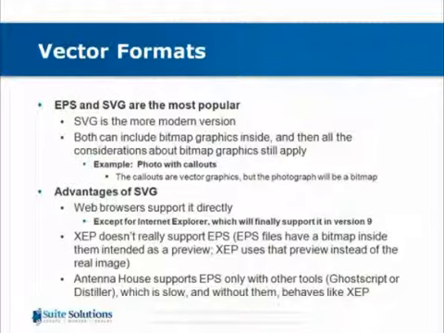But the way they do it is that EPS files have almost a thumbnail. They have a tiny bitmap image inside them intended just as a preview of the real image. Not all EPS files have it, but most of them do. In those cases, both XCP and Antenna House will use that thumbnail preview image instead of the real image.